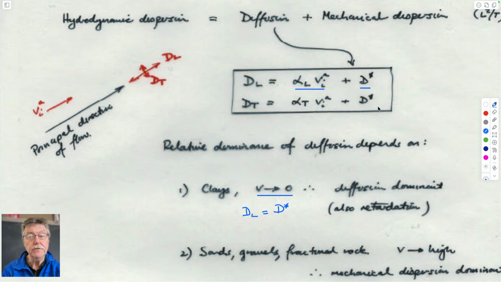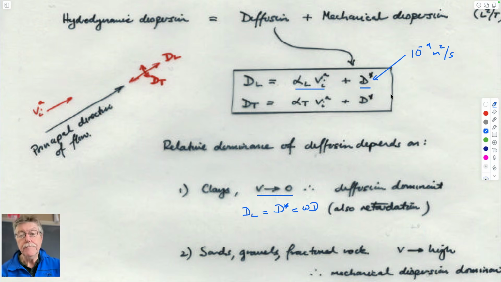This is molecular diffusion in a tortuous pore space, which we said was equal to the real diffusion coefficient multiplied by some factor, which is a small number, something like 10 to the minus 9 meters squared a second. Take it on trust, it's a small number.